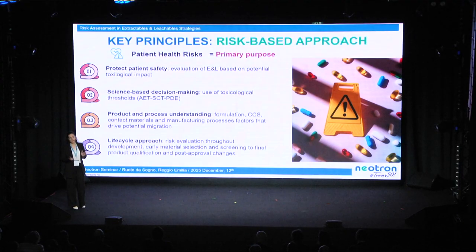And life cycle management, because risk evaluation has to be performed from the early development of the drug formulation, considering early material selection, and the screening of the product qualification, through to the post-approval changes. So it's a dynamic evaluation and not a static one.